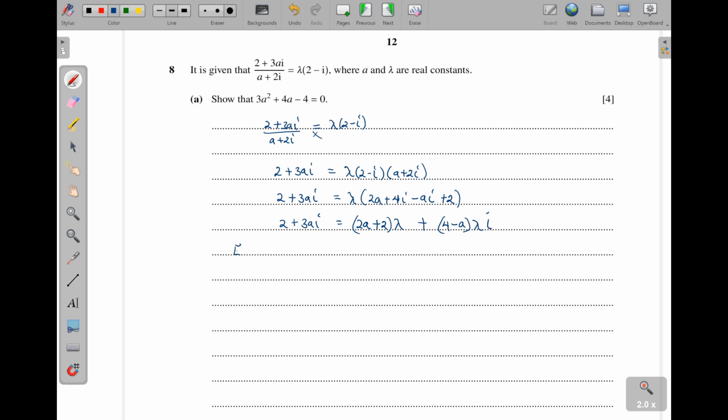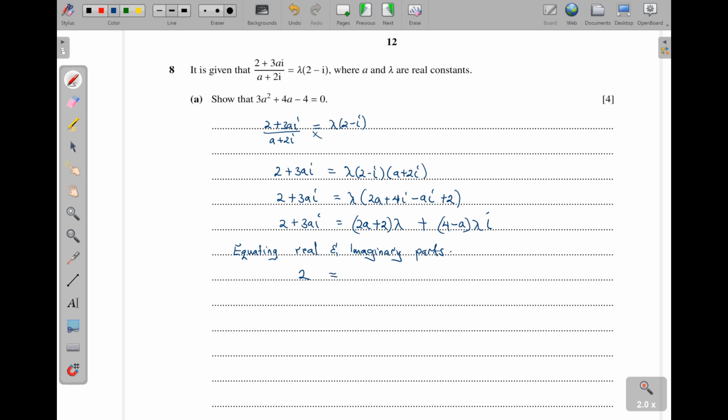Then complex numbers are said to be equal if the real parts are equal, and the imaginary parts are equal. So equating real and imaginary parts. This one here is 2, the real part, and the real part this way is that.